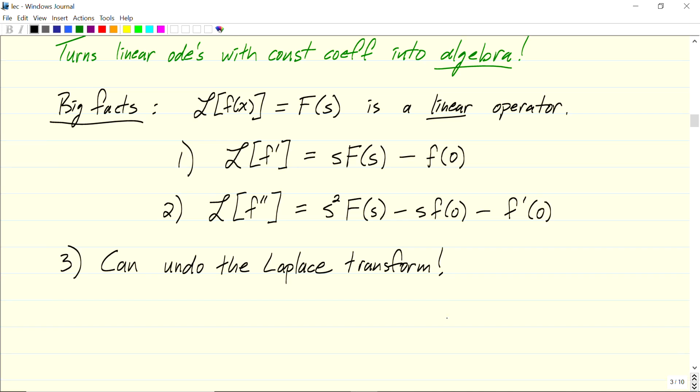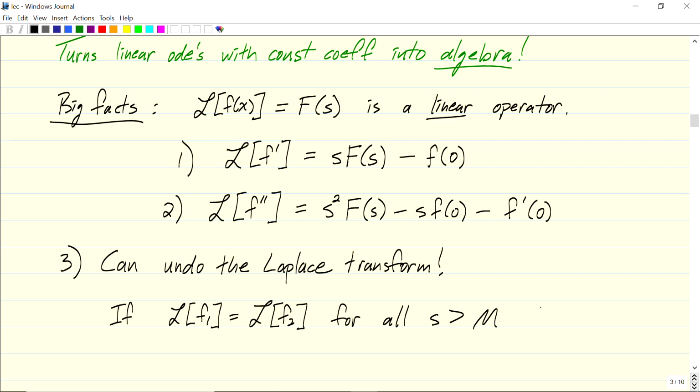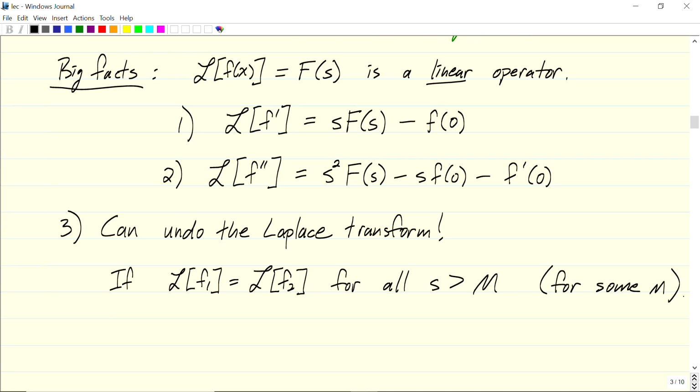So the philosophical fact is, if the Laplace transform of one function, f1, equals the Laplace transform of another function, f2, you only need to know it for big s, for all s bigger than some m, then f1 and f2 are the same function.